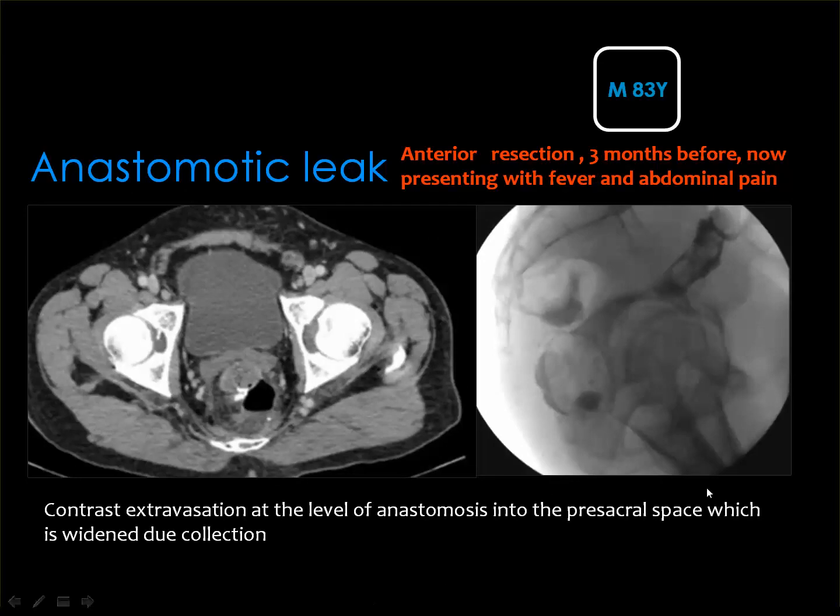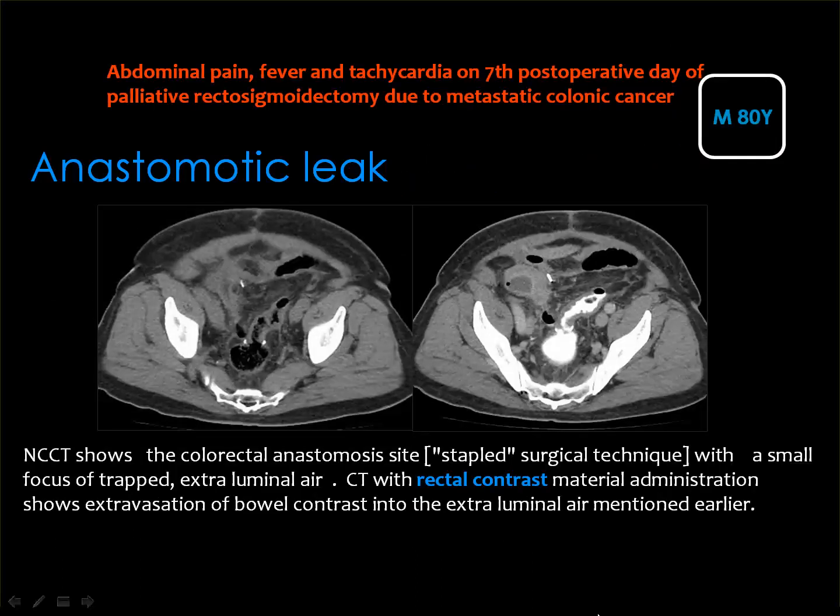And this patient had anterior resection 3 months before, now presenting with fever and abdominal pain. Then the gastrografin enema showed leakage of contrast material and air in the widened presacral space that has also been clearly seen by CT, and you got air fluid level denoting the anastomotic leak.